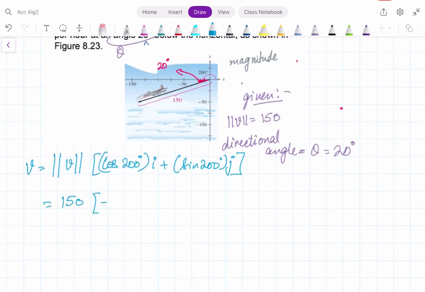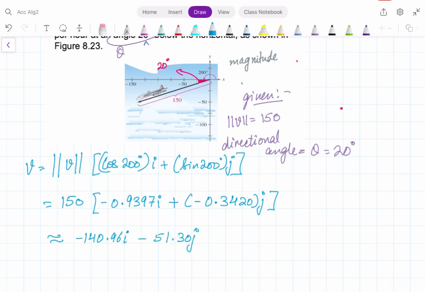Now why is it 200 degrees? Because 20 degrees is below the x-axis. So the x-axis makes it 180, 180 plus 20 degrees, the directional angle, total combined. Remember, we did theta prime. So in this case, theta is considered as theta prime. So 180 plus 20 degrees, that is 200 degrees. And that is why if you compute in your calculator, you will get all of these values and multiply with 150.